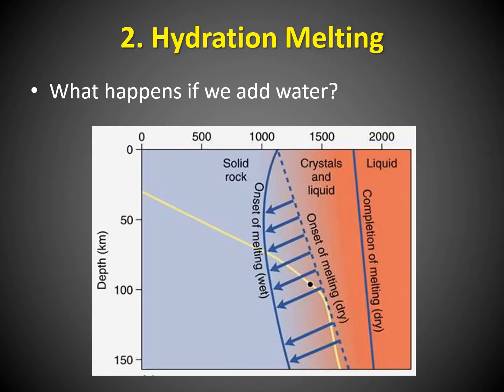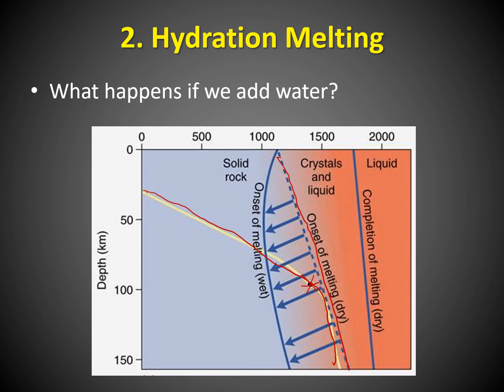All right, here's what happens if we add water. Okay, you can see the geothermal gradient here. And let's say we're at this point right here. Without any volatiles, in this case, the volatile being water, here's your solidus right there.